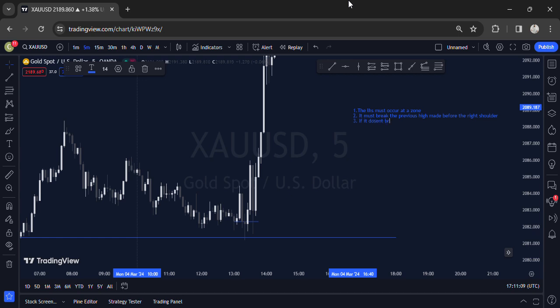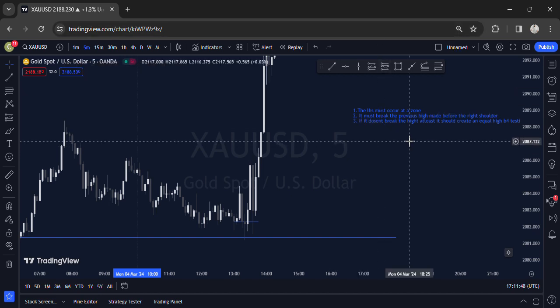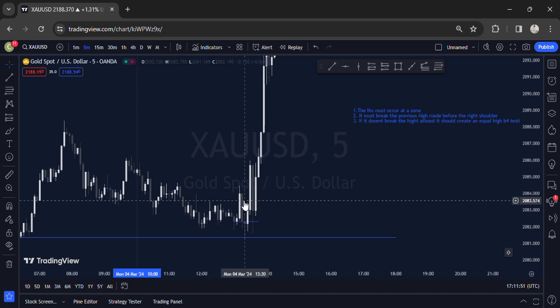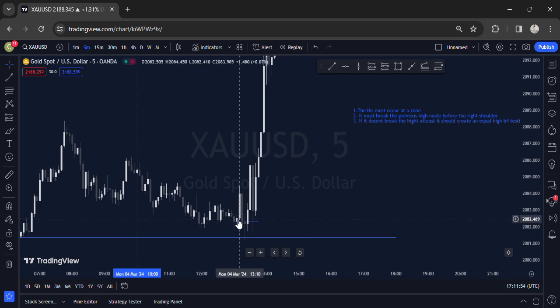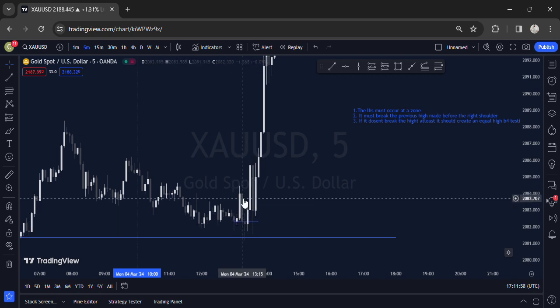And the last but not the least rule is that if it doesn't break the high, at least it should create an equal high before testing the left shoulder. Now, these are the 3 rules.